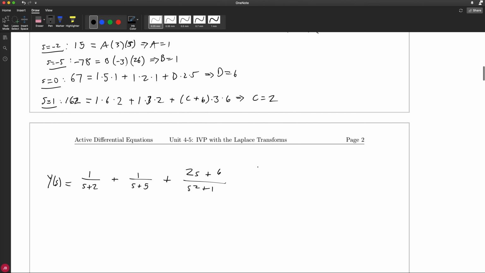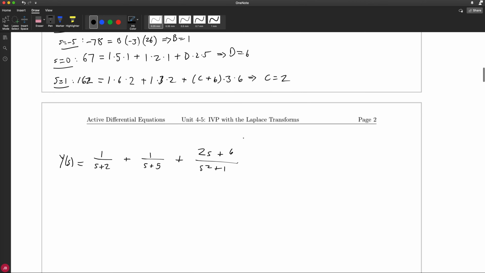And it may be helpful to split this up, right? This is 1 over s plus 2, plus 1 over s plus 5, plus 2s over s squared plus 1, plus 6 over s squared plus 1.